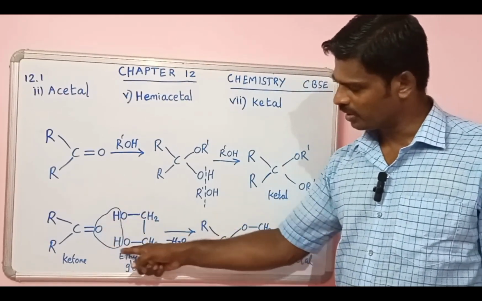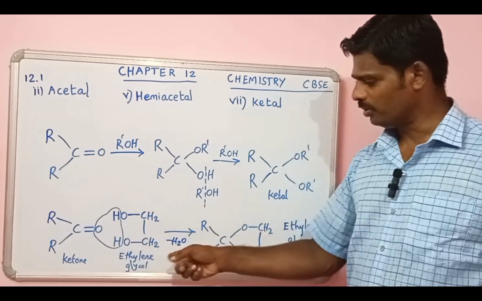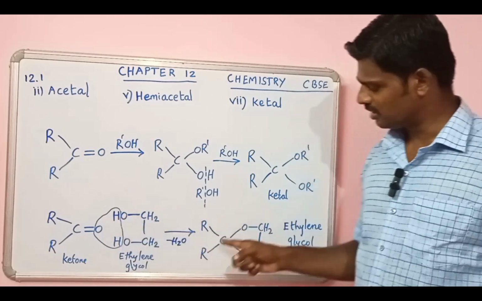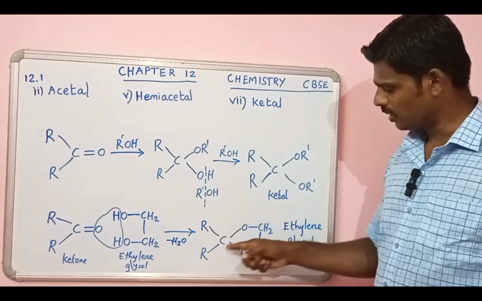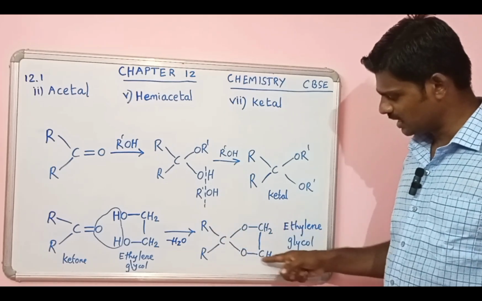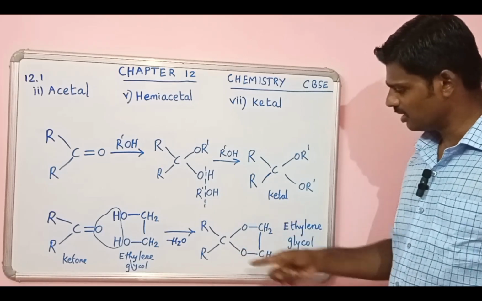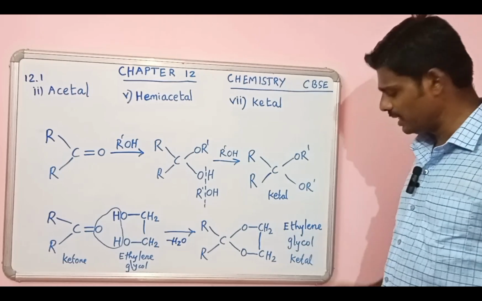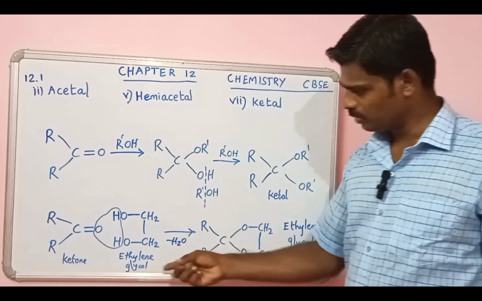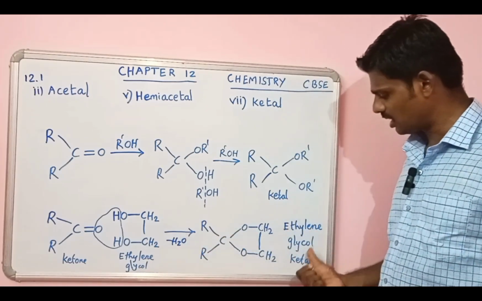One molecule of H2O will go out, and then we get a ring-like structure. So R, C, R, then O, CH2, O. So this is a ring-like structure, and this final product is derived from the ethylene glycol. So it is ethylene glycol ketal.